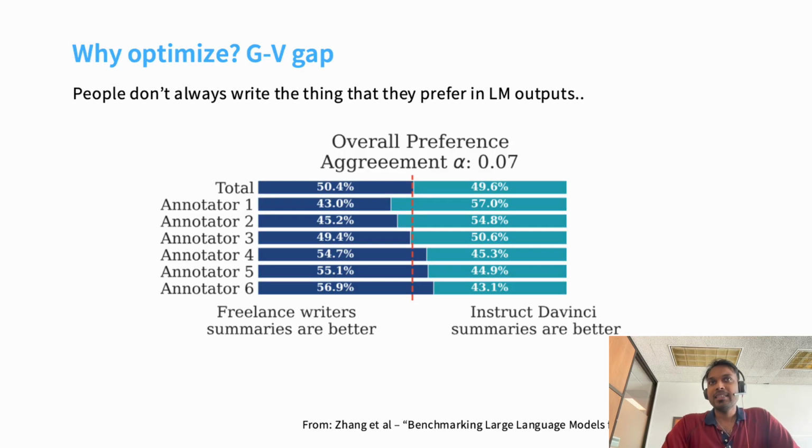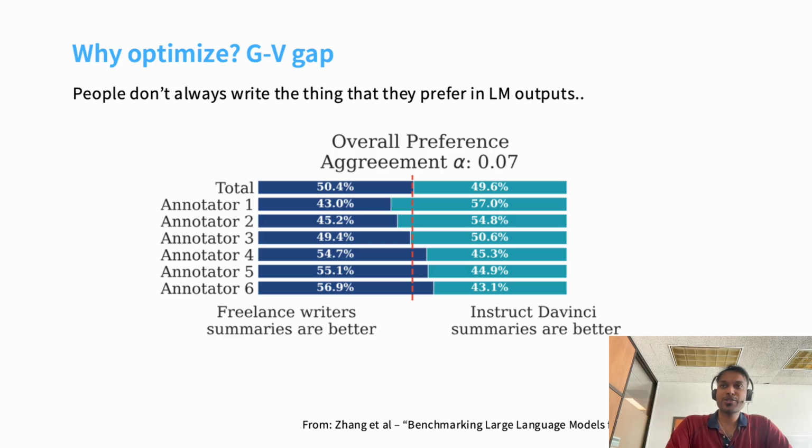The other reason why we need some form of reinforcement learning is because annotators don't really agree with each other. We generally find that when we ask annotators to write, for instance, language model summaries, they generally disagree with each other about how good the summaries are.